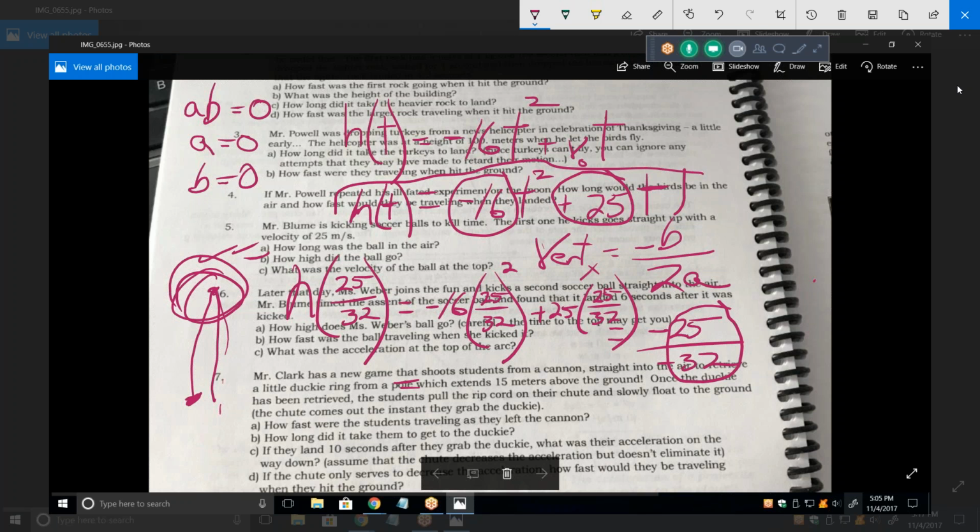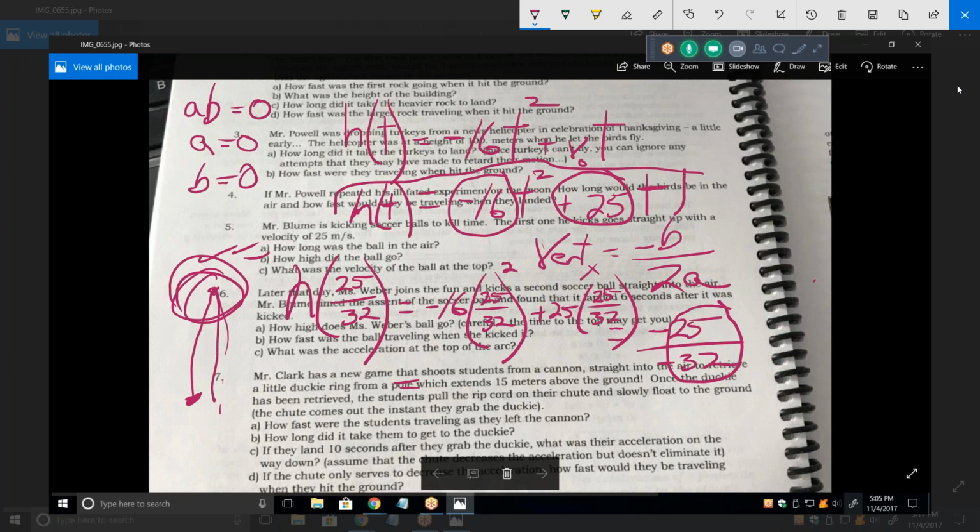Probably at this point, decimals are going to be more helpful than fractions, especially when you have to square one of them. So start out with 25/32. What is that number? 0.78.